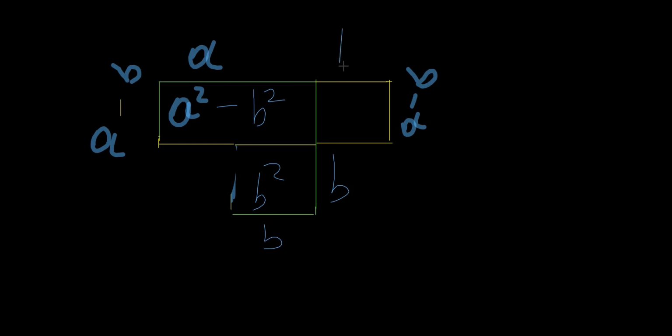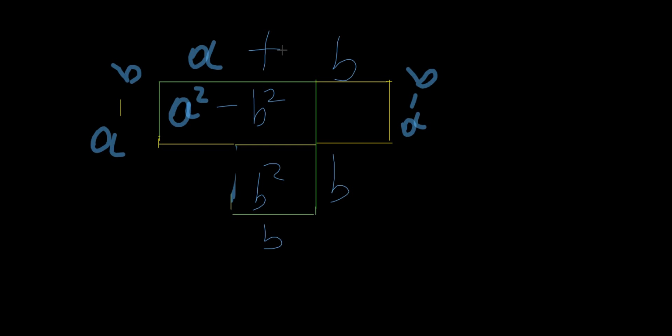This part should be b. If we logically look at the length of this part, it will be all of this, which is a, plus that part, so all of this dimension is a plus b.